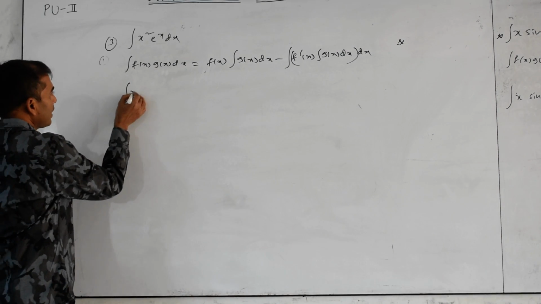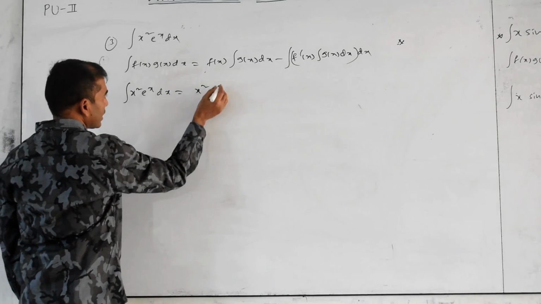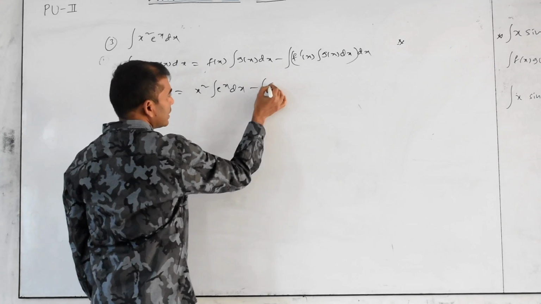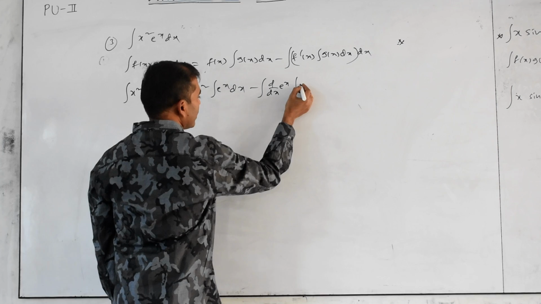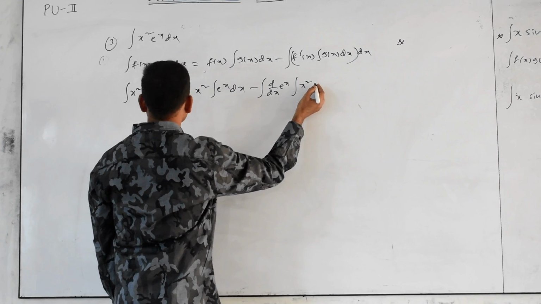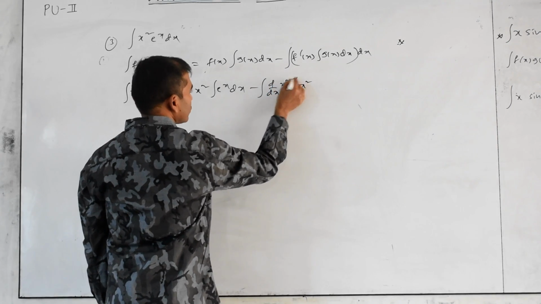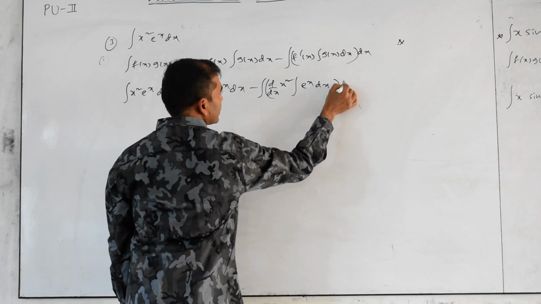Now integration of x square into e power x dx equals f of x is x square, e power x dx, minus d by dx of x square, integration of e power x dx whole dx.